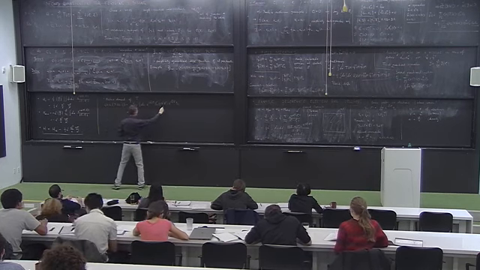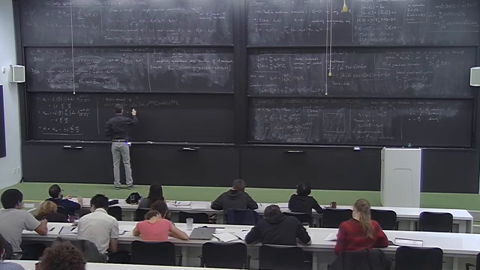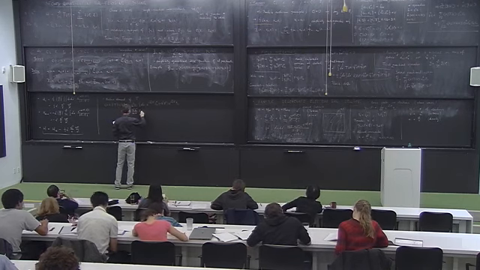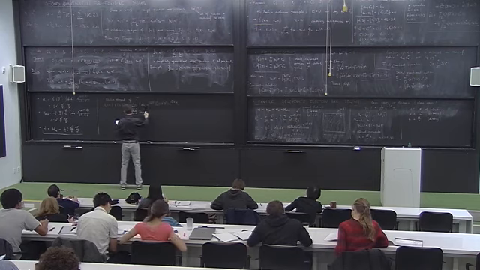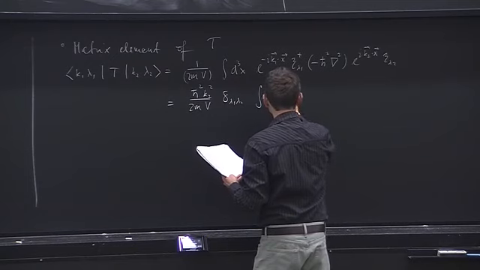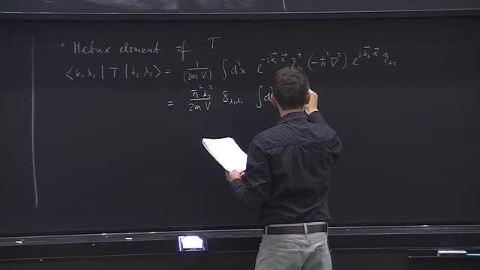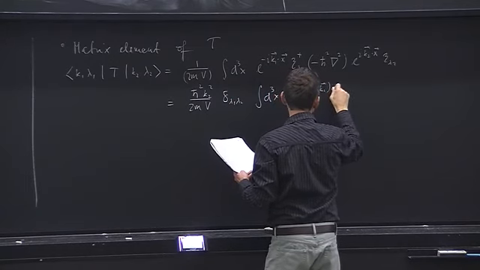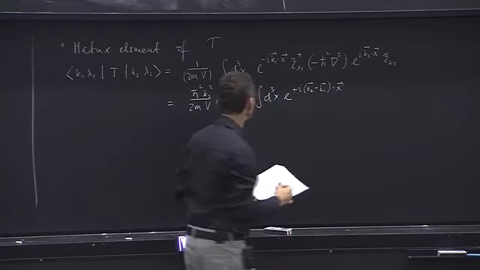So, okay, let me just write, and then I explain. h bar squared k2 squared over 2mV delta lambda 1 lambda 2 integral d3x e to the plus i (k2 minus k1) dotted into x.